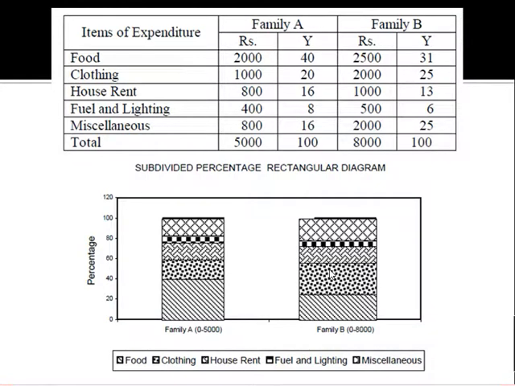It's a percentage bar diagram, but the difference you can see is the area. Why? Because family A has an expenditure of 5,000, whereas family B has an expenditure of 8,000. So that is why the area is different. Apart from taking the percentage, we are also taking into consideration the total expense, and proportionate to that value we are adjusting the area of this bar diagram.